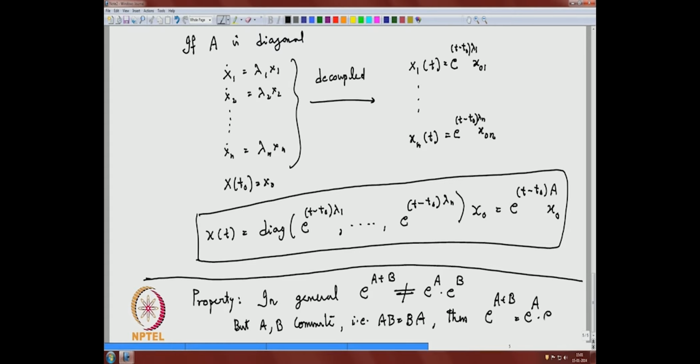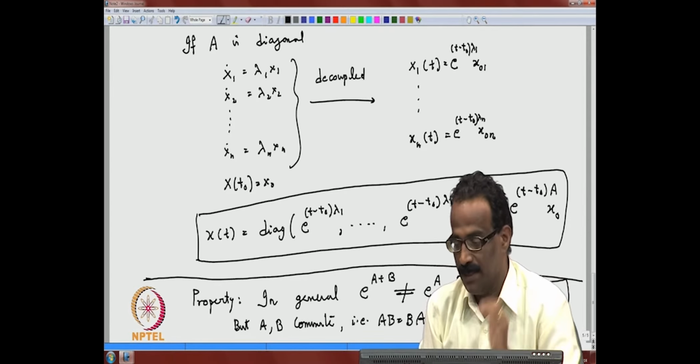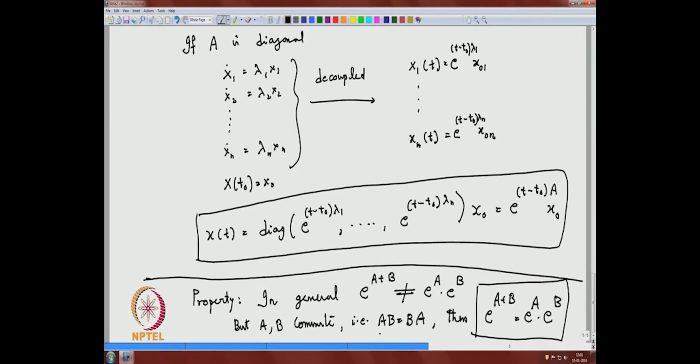You can verify this; if A and B commute, you can prove that result. So one of the fundamental properties of the exponential function in one variable is not true for exponentials of matrices, but if there is commutation, it holds, and that is not contradicting. For real numbers, AB equals BA is always true.